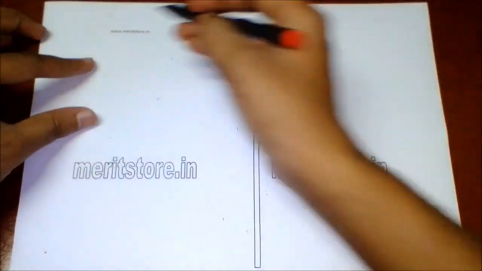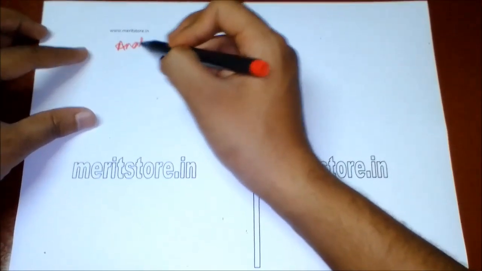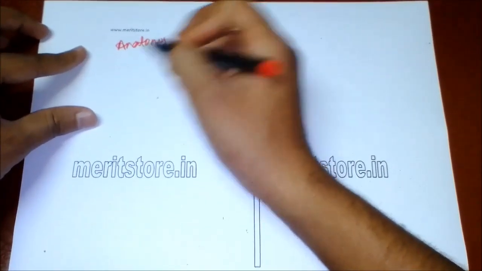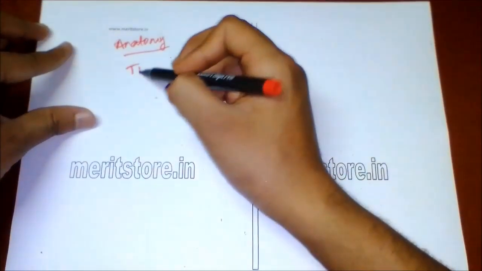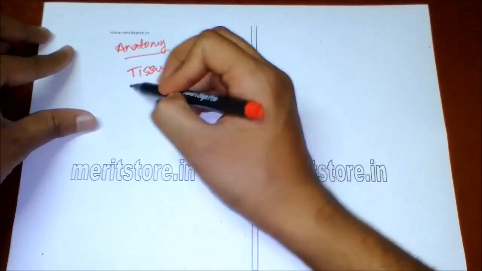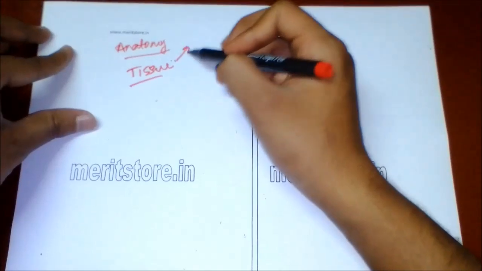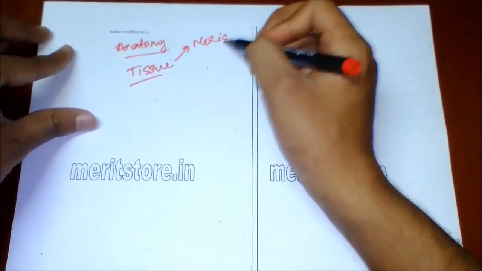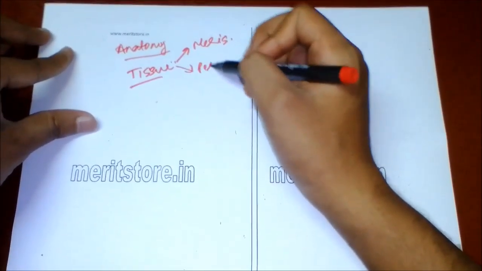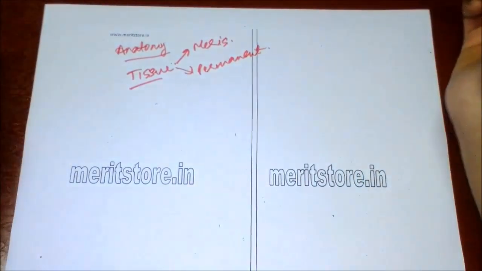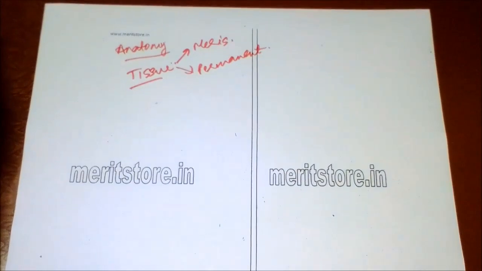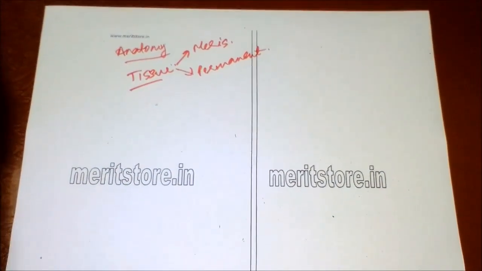The next part includes the anatomy of the flowering plant. In anatomy you have to remember the study of tissues of plants, like the meristematic tissue and permanent tissue. Different types of meristematic tissue and permanent tissue, the examples of which will benefit you.